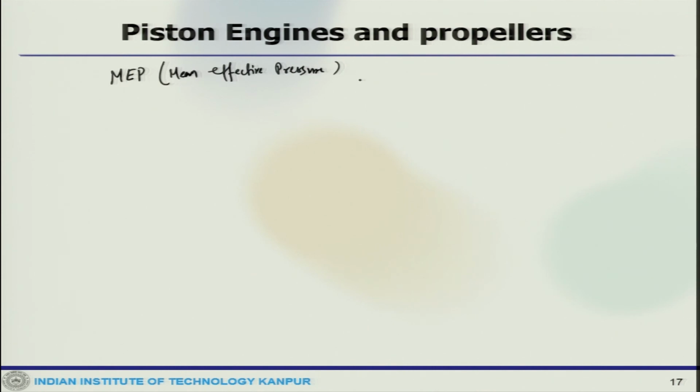The mean effective pressure is the fictitious pressure that, if it acted on the piston during the entire power stroke, would produce the same amount of net work as produced during the actual cycle. Which means W net would be MEP into piston area into stroke.